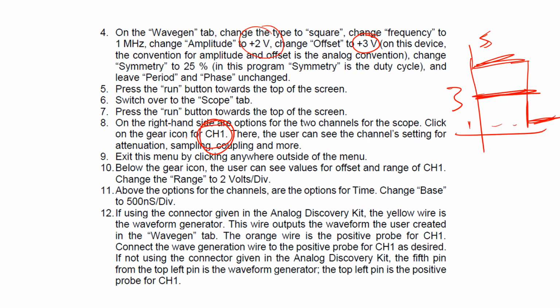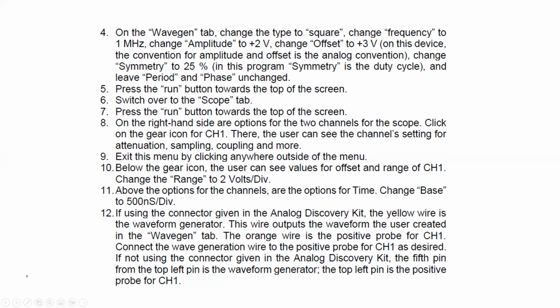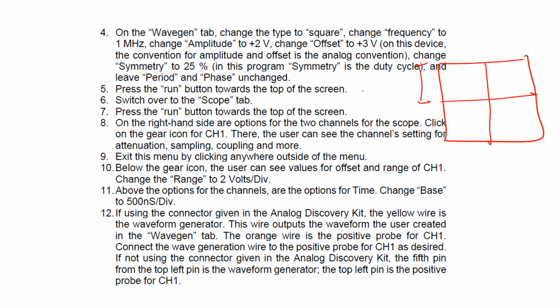The second part here, there is a channel 1. I told you we have different channels because every channel can display one signal. I can display multiple signals together. One of the important things you need to know is the screen here. The y-axis here is the voltage. It's always voltage.